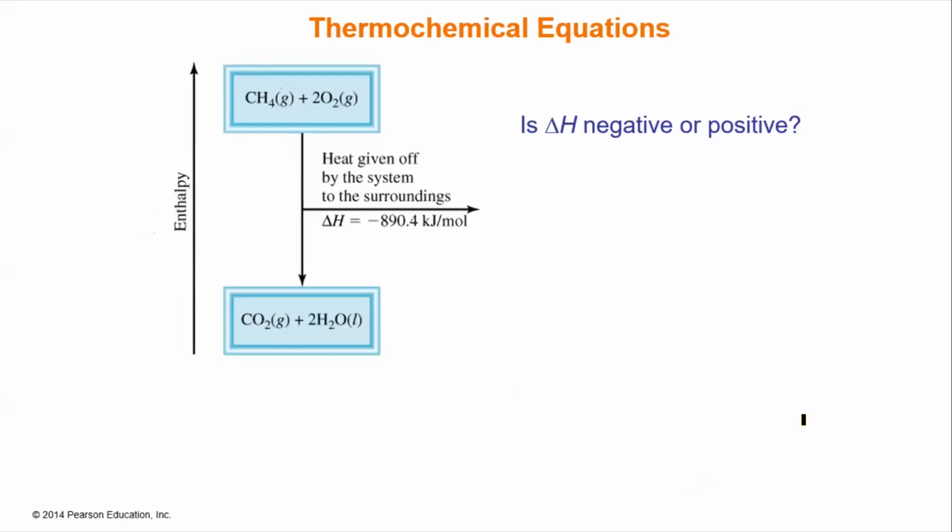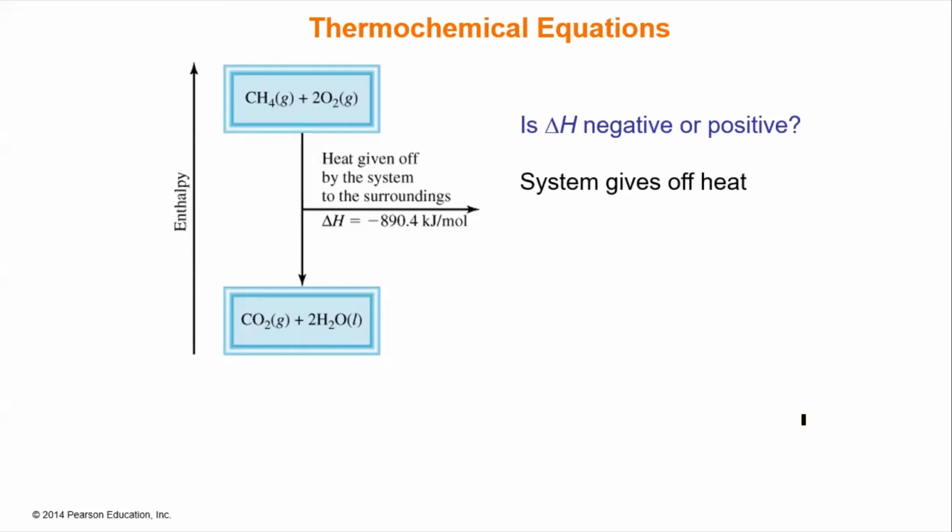What I showed you there is a physical process, not a chemical change. Let's look at an actual chemical reaction. Here we have the combustion of methane, CH4. You can see the reactants have a higher enthalpy than the products, and in the process, delta H is 890.4 kilojoules per mole. Remember, we saw that table earlier on. So is delta H negative or positive?